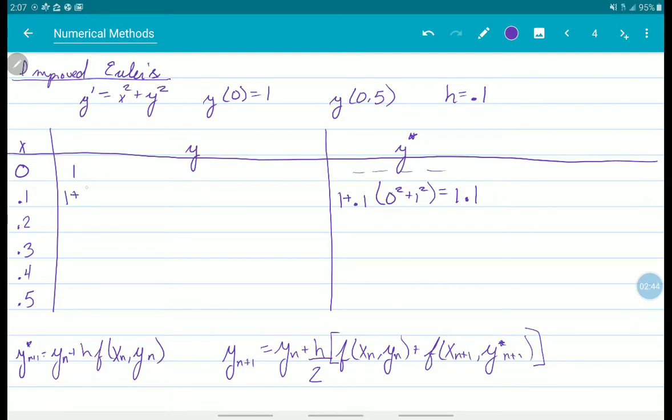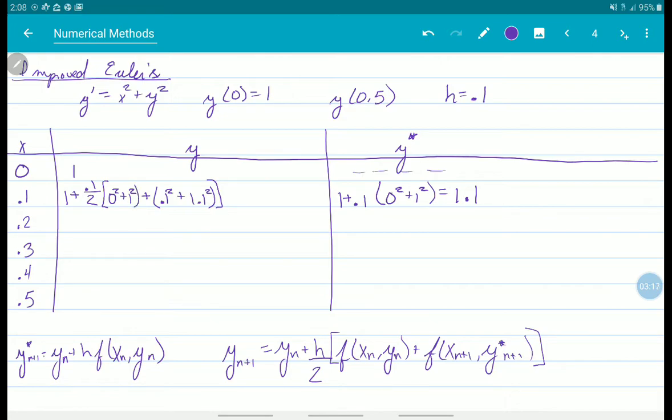So to find this guy, y sub n, that's our previous y. Our h value is 0.1, and we're dividing that by 2. And then we're going to evaluate that differential equation at the last x, y. And then we're going to evaluate the differential equation at the current x and the current y star. So in Excel, I put parentheses around this.